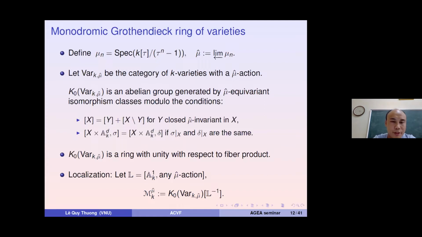The first one: the class of X is equal to the class of Y plus the class of the complement of Y in X for every closed invariant subset Y in X. And the second condition: we consider all the actions on affine spaces as the same.